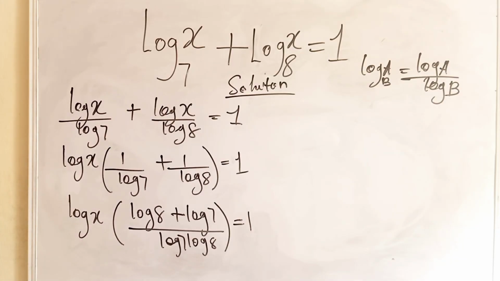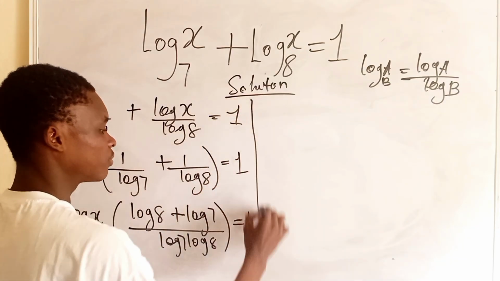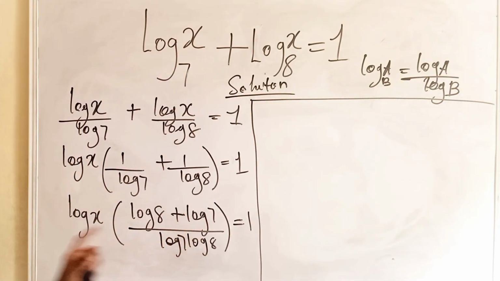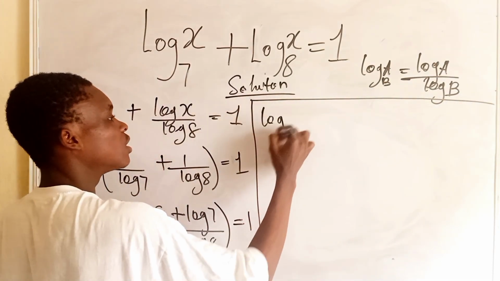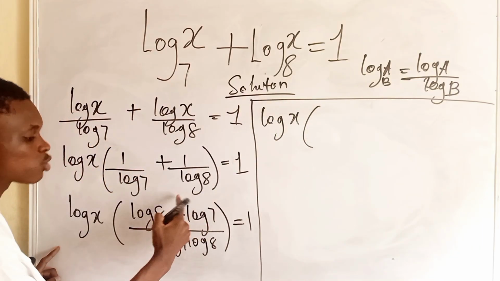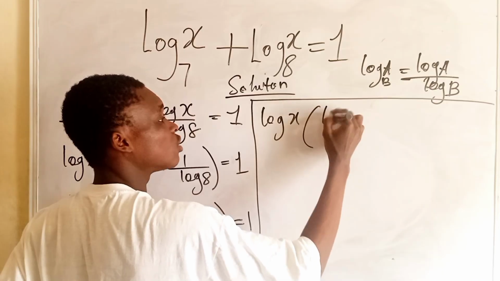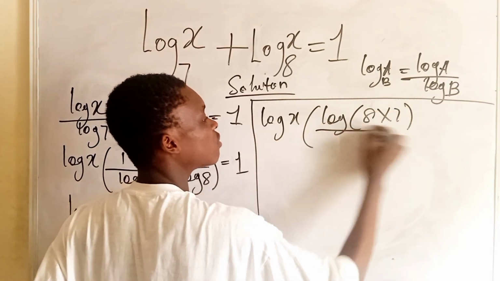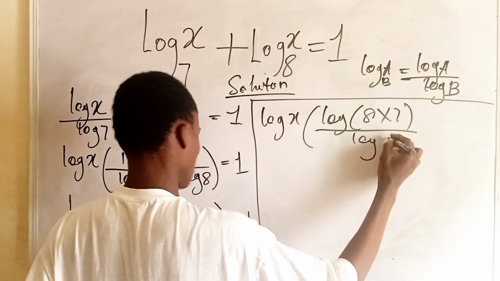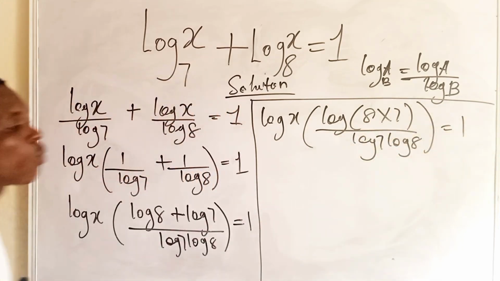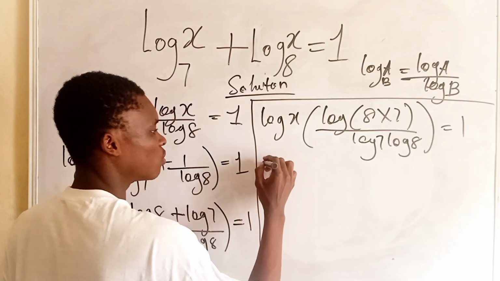All right, so what next? Clearly, we will see that these two, we can multiply them by saying log x into bracket. Since the bases are the same, we can take one of them and multiply these two together, saying this is log 8 times 7 all over log 7 log 8 equals 1. So what's the next thing we are doing? We'll see it like this.